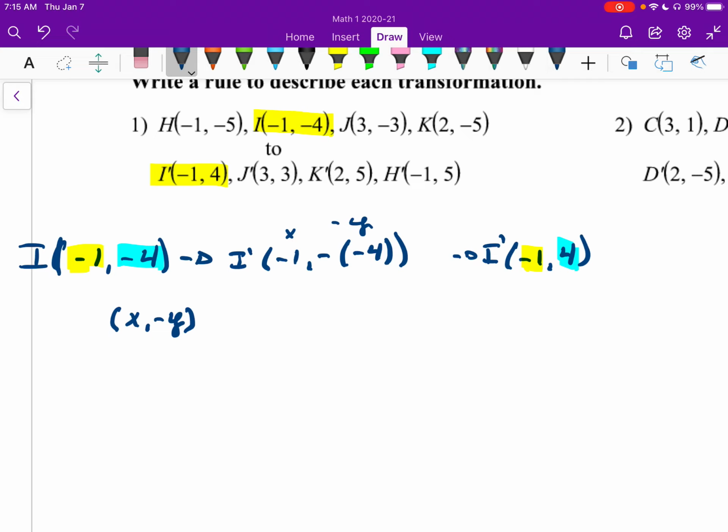And whenever it's (x, -y), which reflection does that mean? Is it the x-axis or is that the y-axis? This is the x-axis, so this is reflect over x-axis.